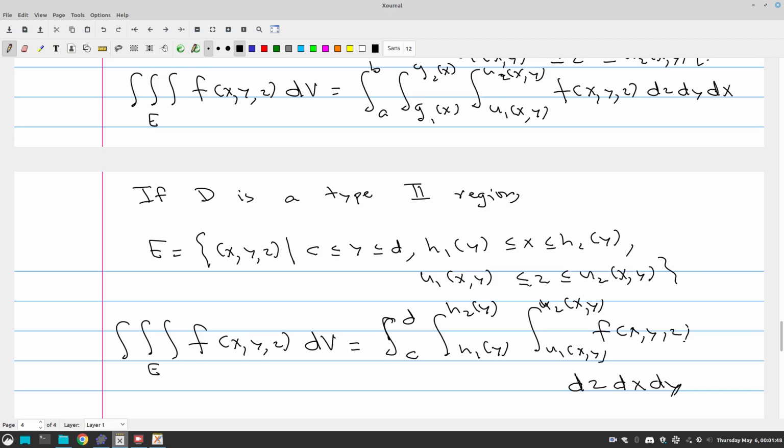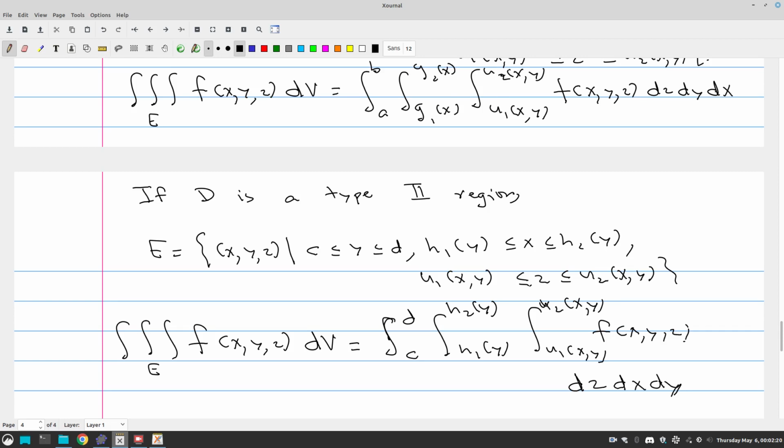Okay, before that let's do an example of a region where the region is of type 1, and try to evaluate the integral. So this is example 2 from your textbook.